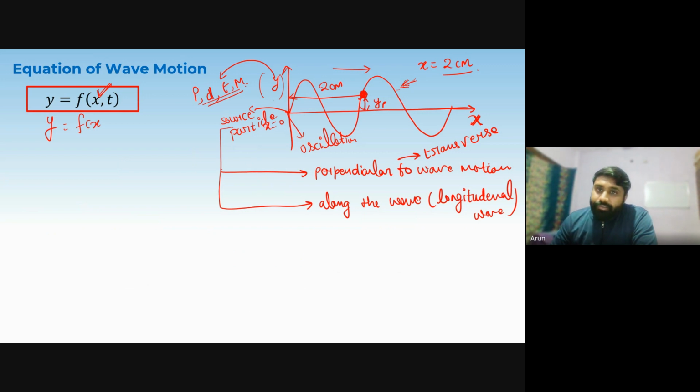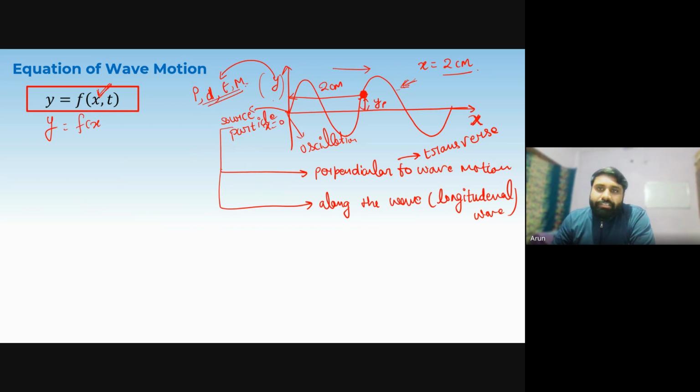Now, when you reach this particle, you will find that this particle is also oscillating with time. The displacement of this particle depends on the time also. At what time are we seeing it? Because it is in oscillation, it is continuously changing its position with respect to time.